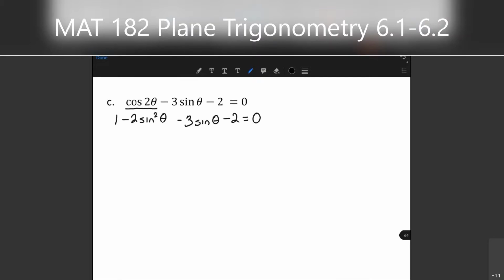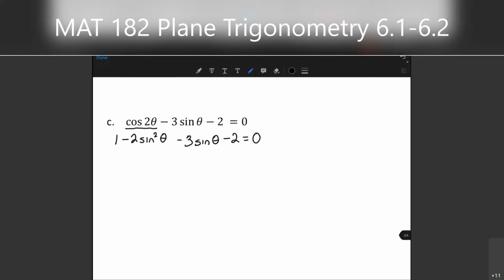Okay, so now it looks like we're all in terms of sine, and it looks like we might have a quadratic form. So we want to consider some techniques that we used in that last section with a quadratic. So first, we might want to think about moving everything into its proper position.